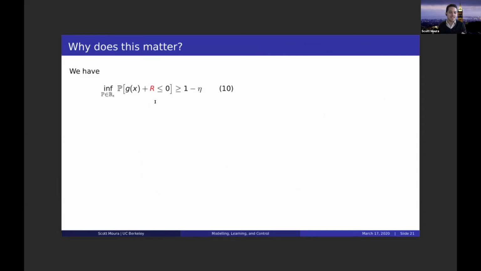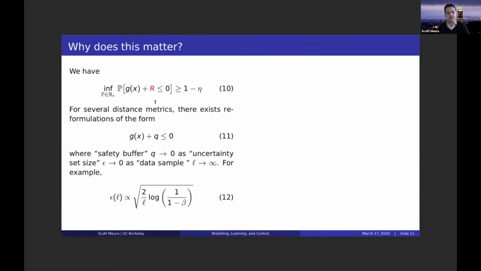So why does this matter? What does this mean for batteries and fast charging? Well, if I have this particular constraint, it turns out that there's a lot of really active work in the past 5 years in robust optimization, where you can in fact reformulate your constraint into a super clean one that looks as follows.